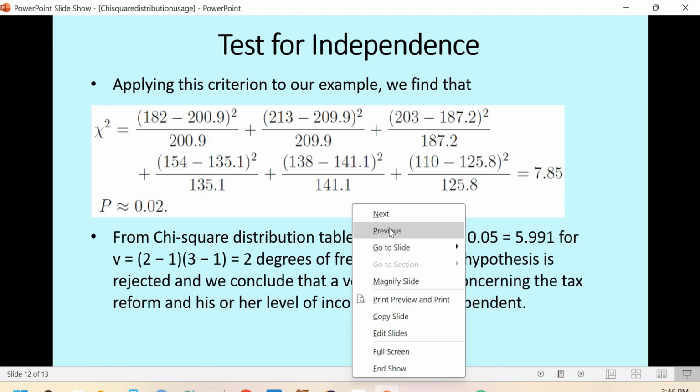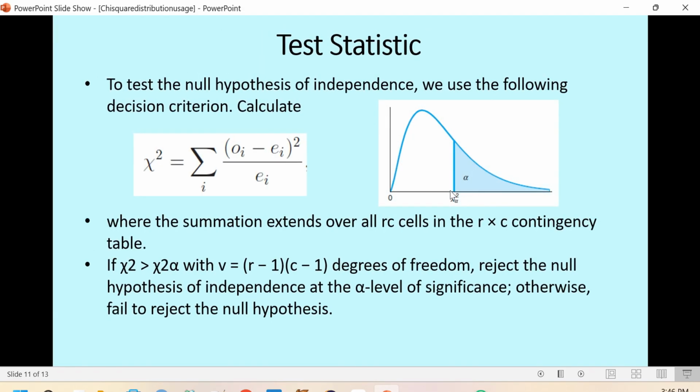Our test statistic is 7.85, which is larger than 5.991. This means the probability on the right side of our test statistic is smaller than 0.05, because alpha is 0.05.